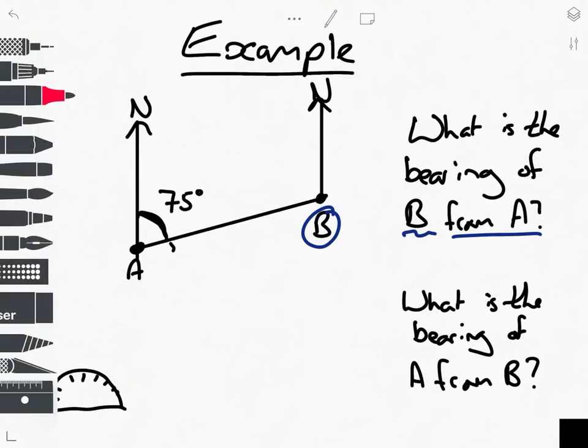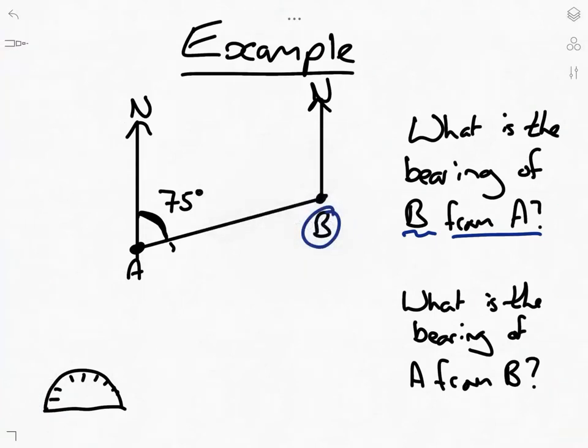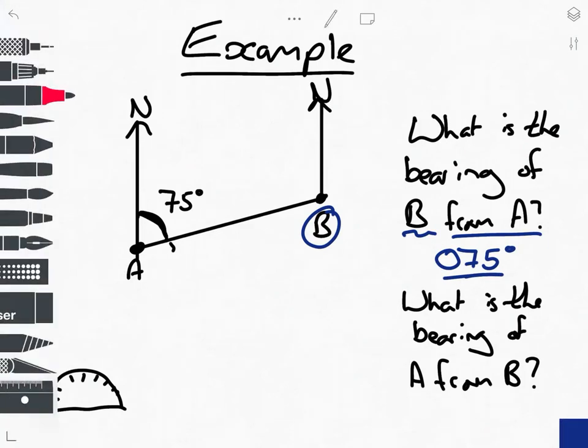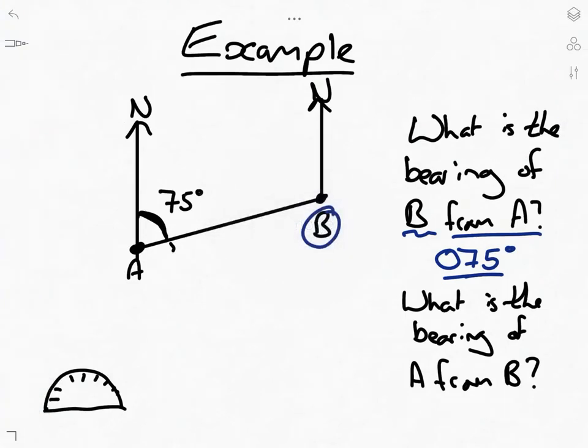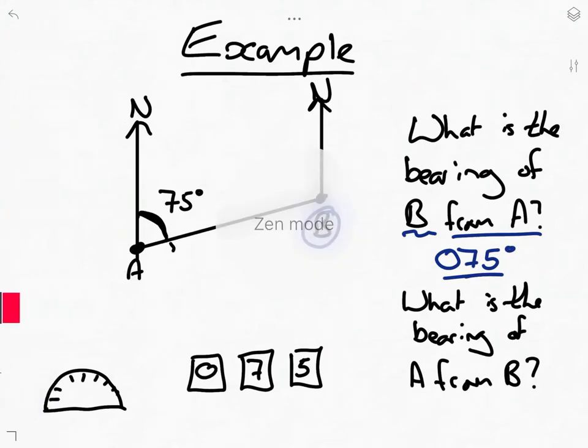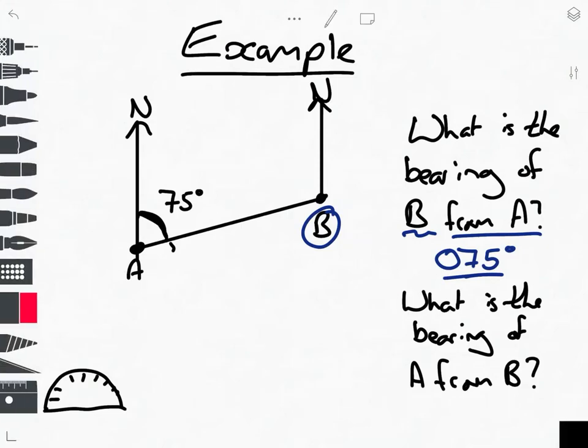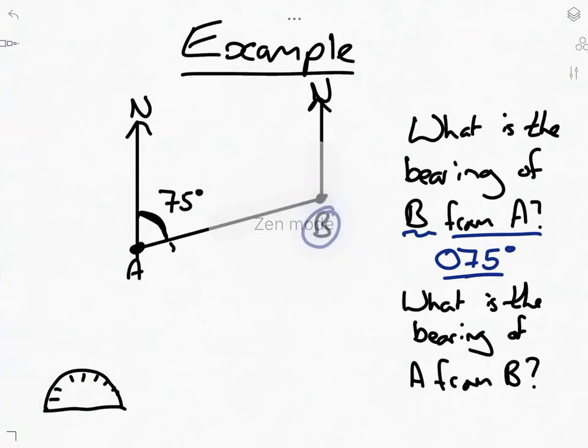So what's the bearing? Well, it's not 75, because what are the rules? We have to go from north, which we've done. We have to go clockwise, which we've done, but we have to make it a 3-digit number. So 075. The reason they're always 3-digit numbers is because in the olden days, when they were inputting them, they always had a 3-digit counter to put them in. So you'd have to put 75, but you'd have to fill this one in with a 0 as well, on the old-fashioned mapping equipment.